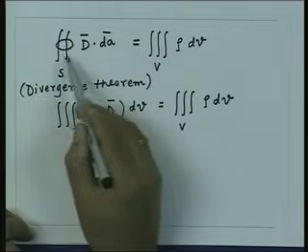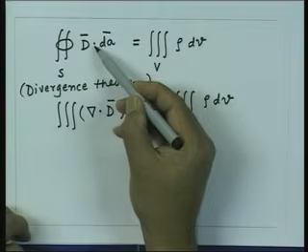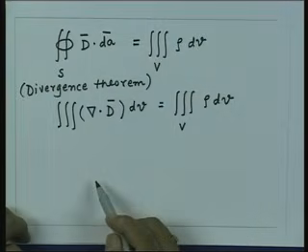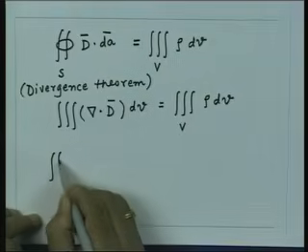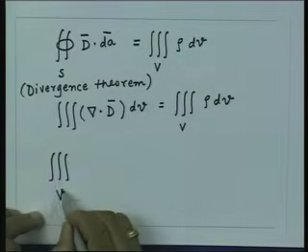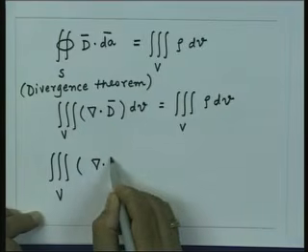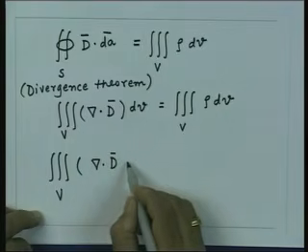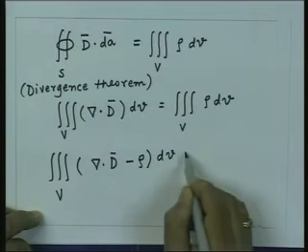So, if I apply the divergence theorem, this integral is now converted from the surface integral to the volume integral. I can bring this term to this side and write, over this volume V, del dot D minus rho dV, that is equal to 0.